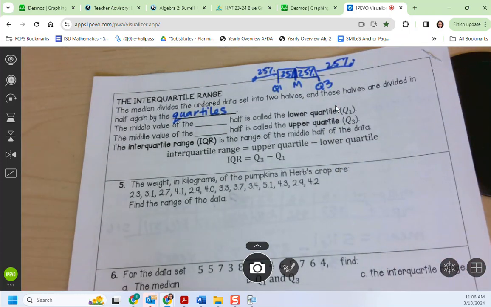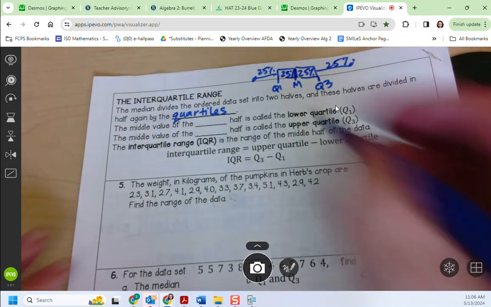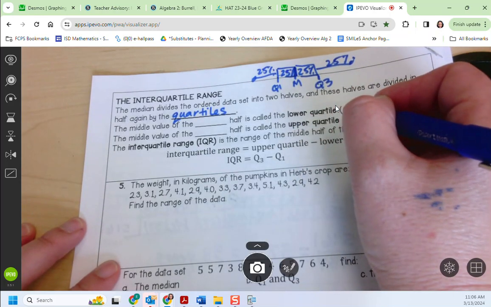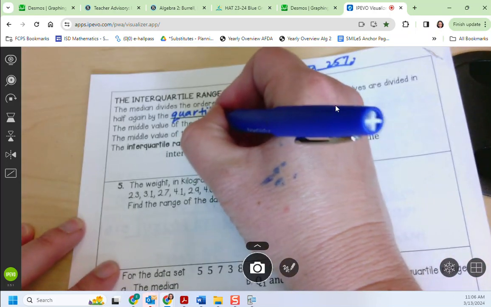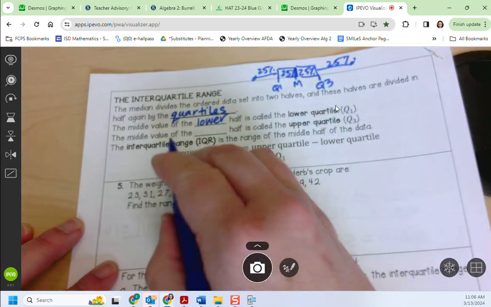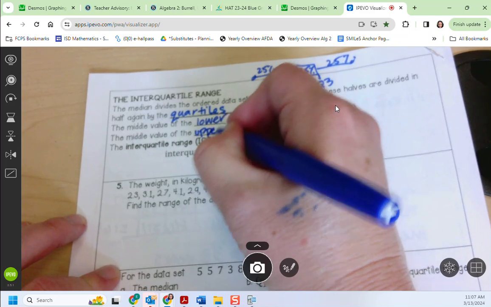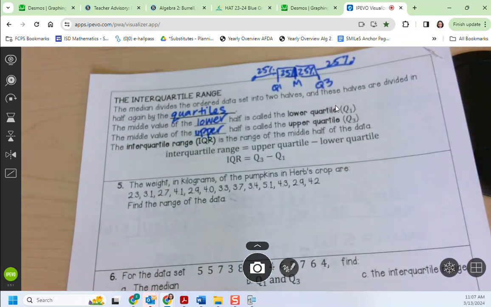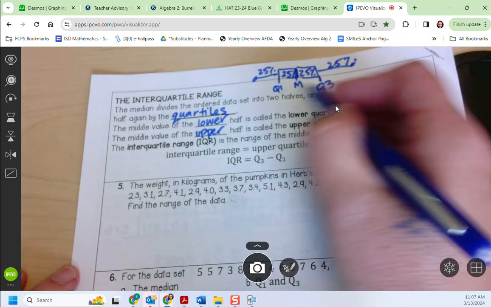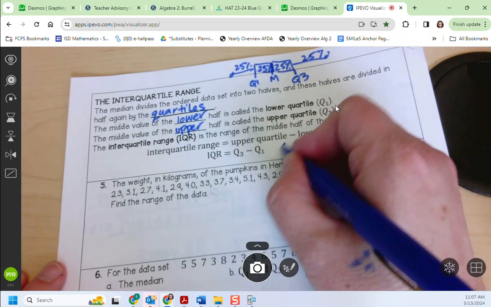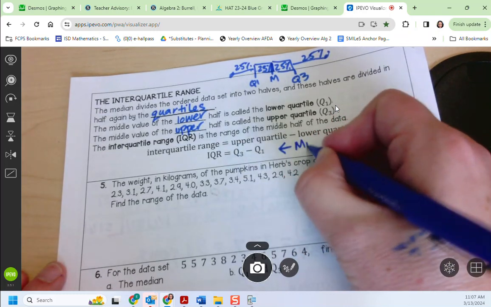So the middle value of the lower half is called the lower quartile or quartile 1. And the middle value of the upper half is called the upper quartile or quartile 3. The interquartile range is the middle 50%. So it's Q3 minus Q1, and it tells you the middle 50%.